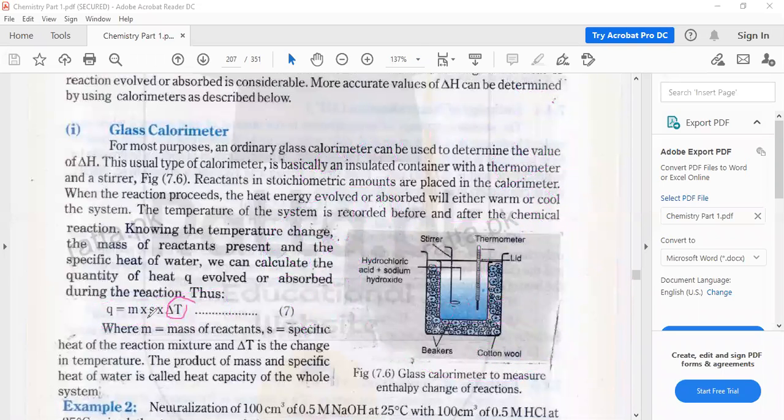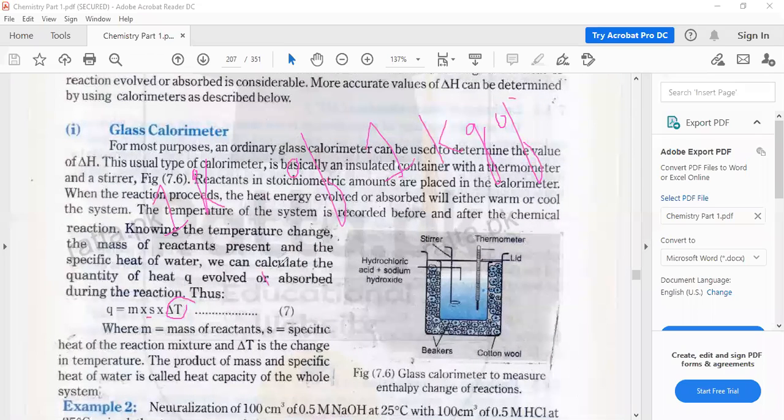What is specific heat capacity? Specific heat capacity is basically the amount of heat which is absorbed or evolved to increase the temperature of 1 kilogram of substance by 1 Kelvin, not degree, 1 Kelvin.